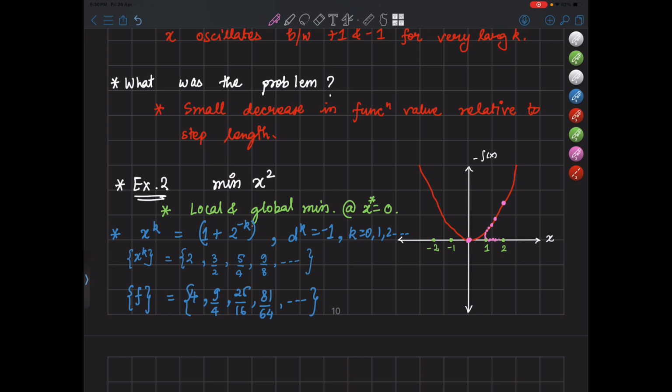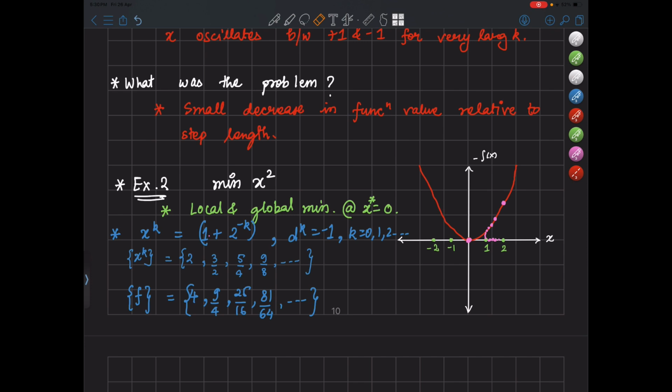If k tends to infinity, then this whole thing tends to 1, because 2 to the power minus k goes to 0. And this never goes to the local minimum.